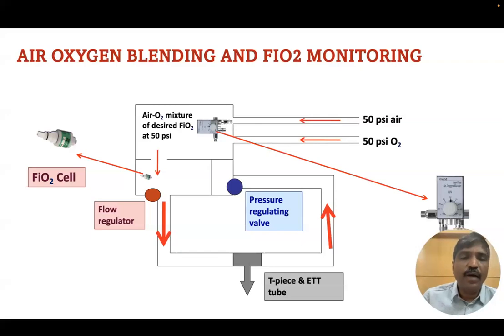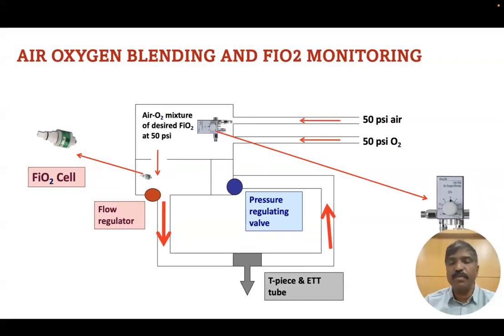After the mixture chamber, you have an FiO2 cell, which is measuring the FiO2 in this chamber. And this will display the concentration of gas which is coming into the inspiratory limb. So the gas concentration in the inspiratory limb is measured by the FiO2 cell, while the titration of air and oxygen mixing to get to the set FiO2 is done by the blender.